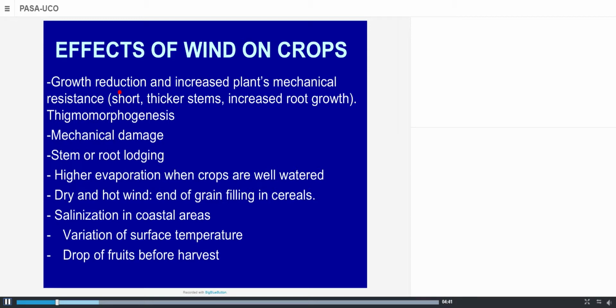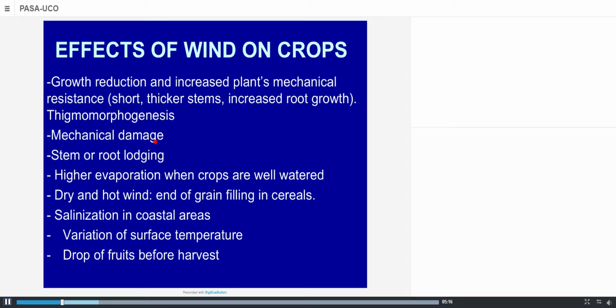The plants get shorter with thicker stems, and the root growth is enhanced. This effect is called thigmomorphogenesis, in general, the effect of mechanical stimuli on the growth of plants, by becoming shorter with thicker stems and the increased root growth, that increases the plant mechanical resistance to bending.